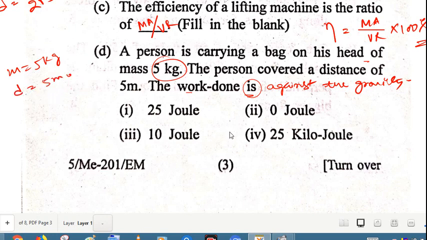See, this is a man, he is walking like this, but he is not moving opposite to the gravity. This is the direction of gravity. So if you have to get the work done against the gravity, that means you have to move this side.